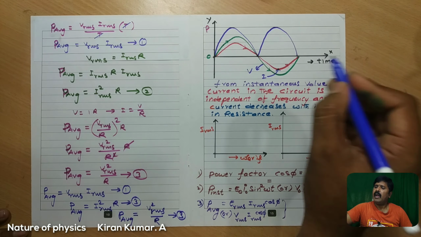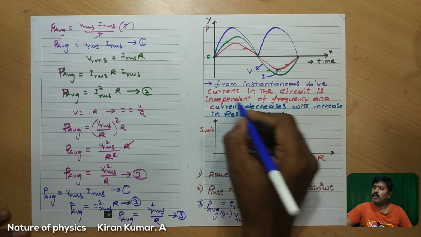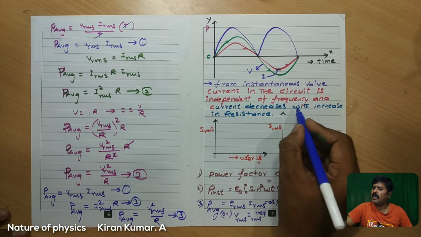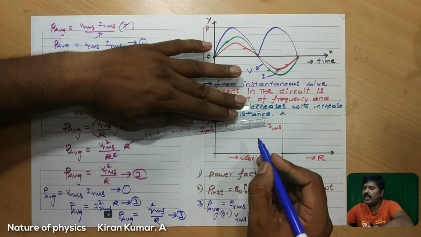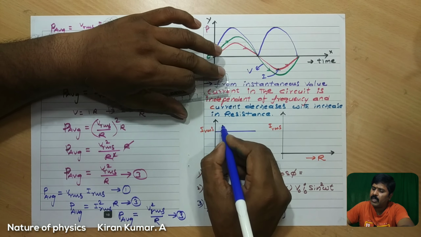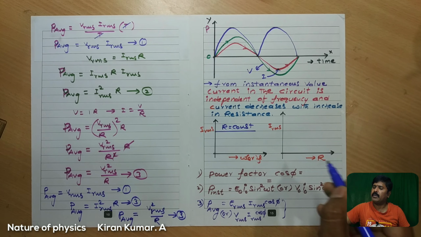Okay, student. And from the instantaneous value, the current in the AC circuit is independent of frequency, student. So that frequency remains constant with respect to resistance, so that here R remains constant, student.